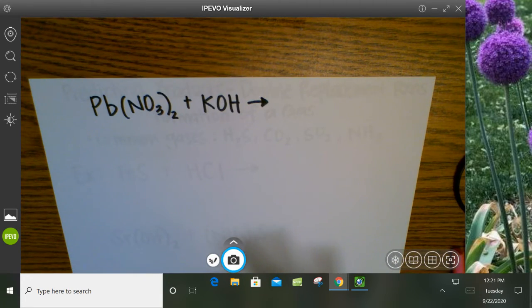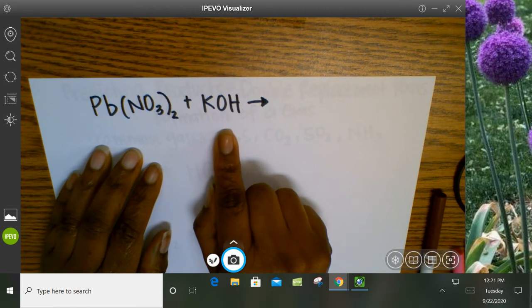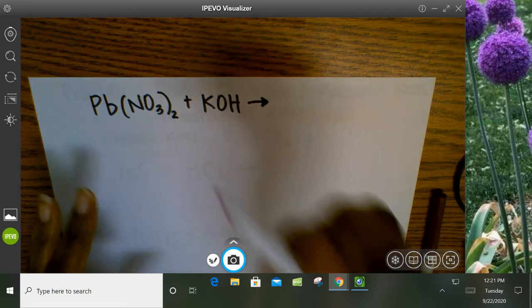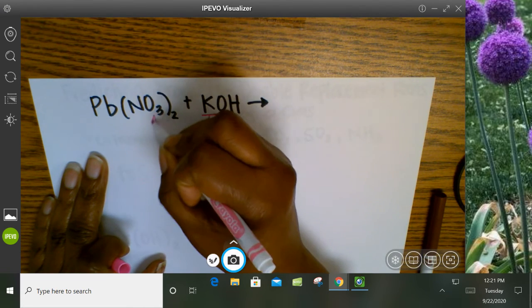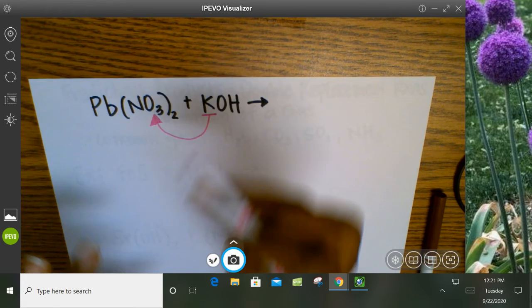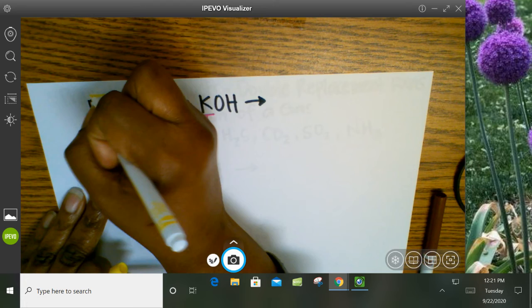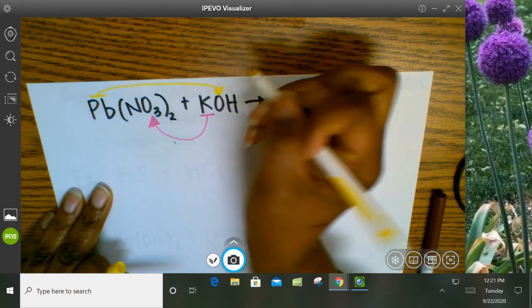We have one more example here where we have lead II nitrate and it reacts with potassium hydroxide. It seems we have potassium a lot in these examples. So the potassium is going to connect with nitrate. Lead is going to connect with the hydroxide.